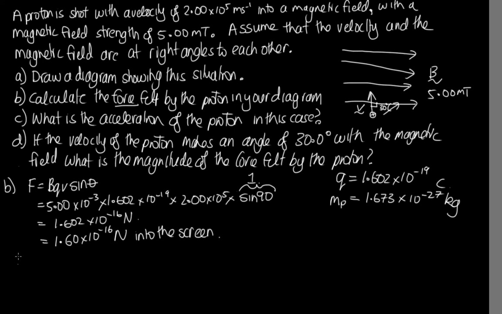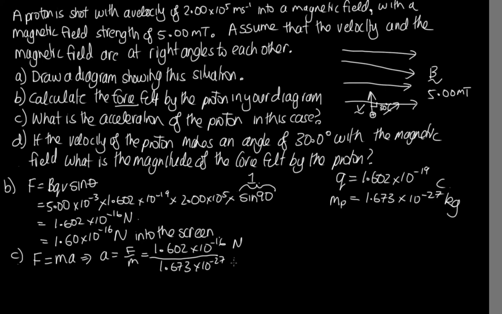Now, part C says what is the acceleration of the proton in this case. So we're going to need to use Newton's second law, F is equal to ma, which tells us that a is equal to F on m. F we've just calculated, 1.602 times 10 to the minus 16, divided by the mass, which is 1.673 times 10 to the minus 27.